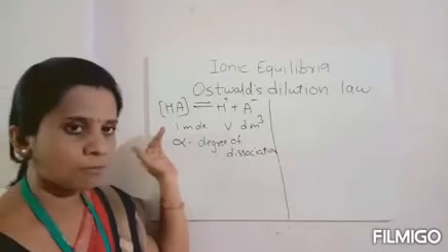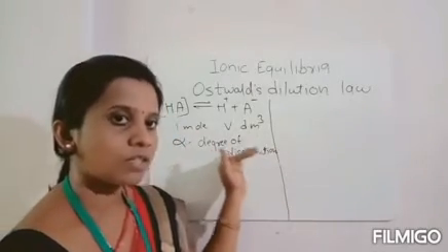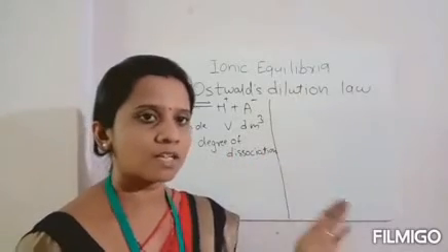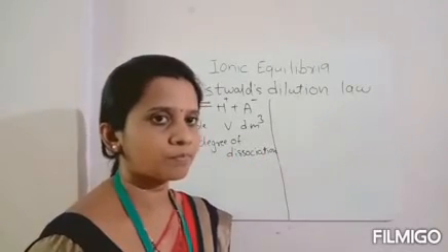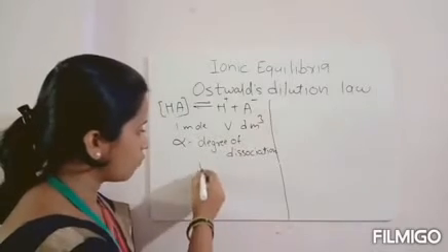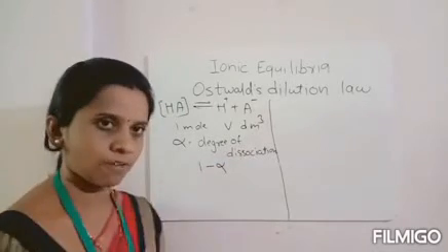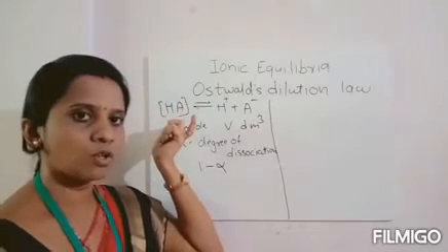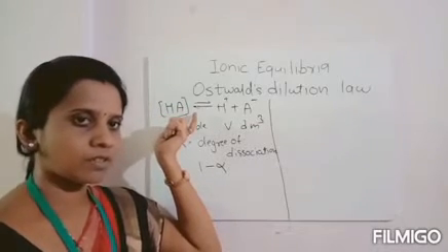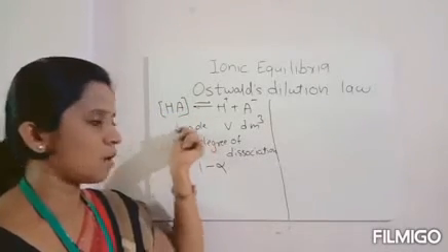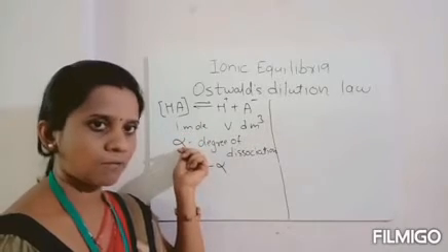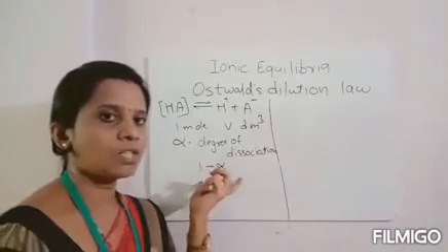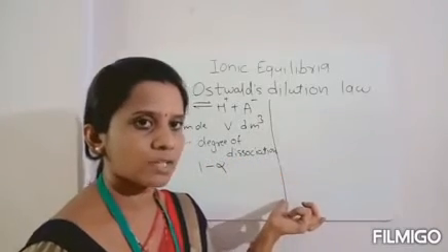If alpha is the amount dissociated, what will be the amount which remains undissociated? That will be 1 minus alpha. Initially 1 mole of weak acid is present and the amount dissociated will be alpha, so 1 minus alpha remains undissociated.